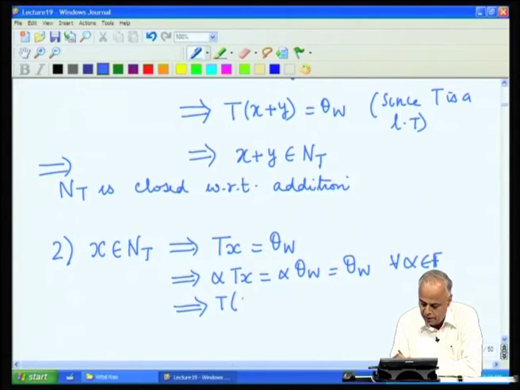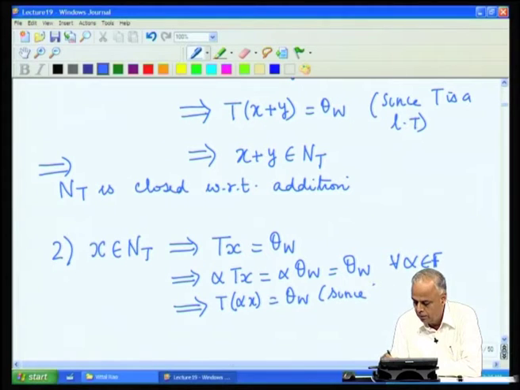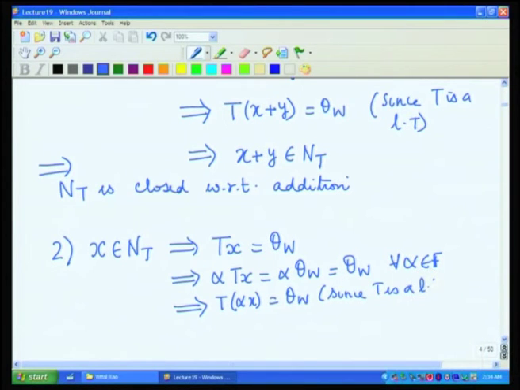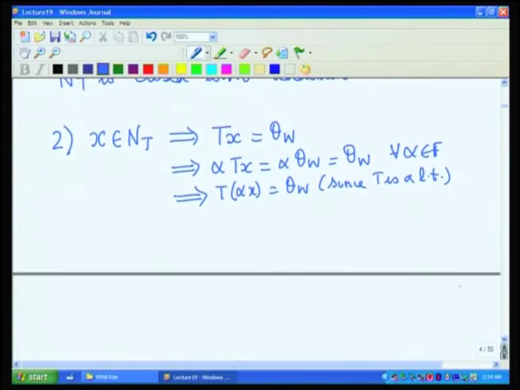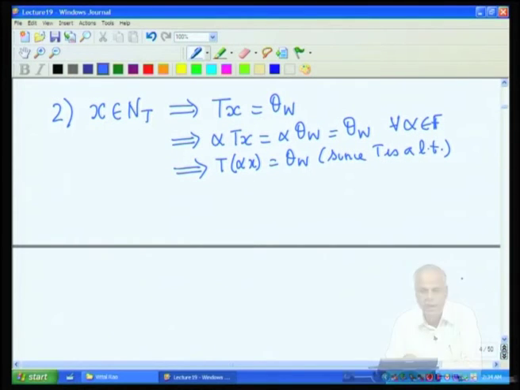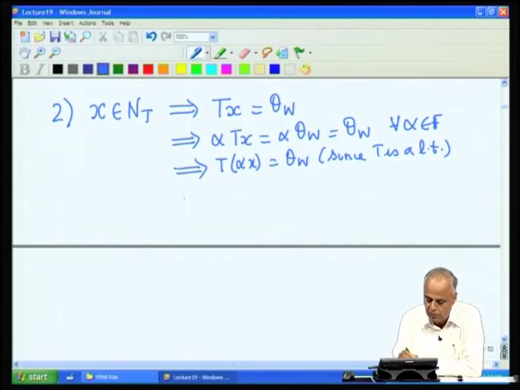So, alpha T x is the same as T of alpha x, since T is a linear transformation. So, that says the vector alpha x is going to carry over to the 0 vector, and hence alpha x qualifies to be in NT.